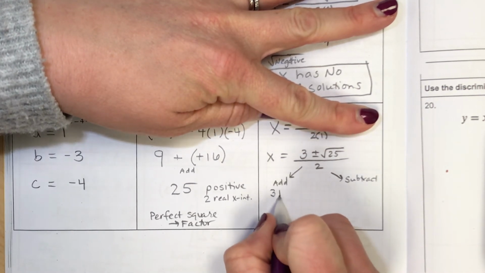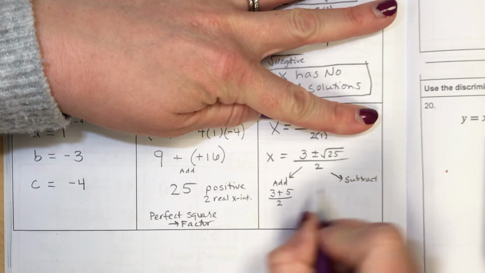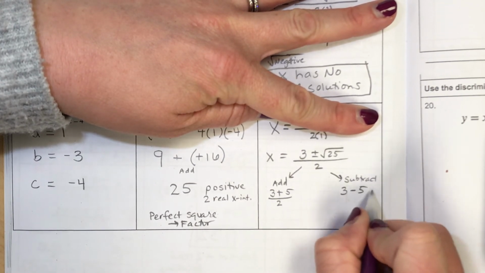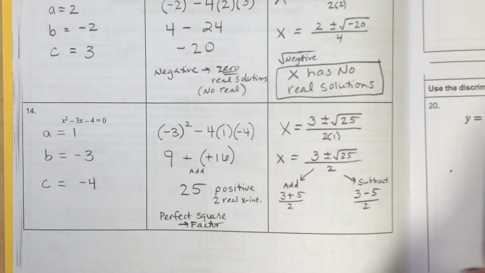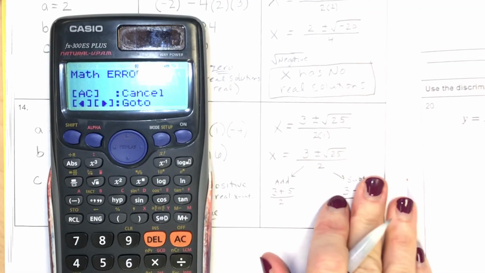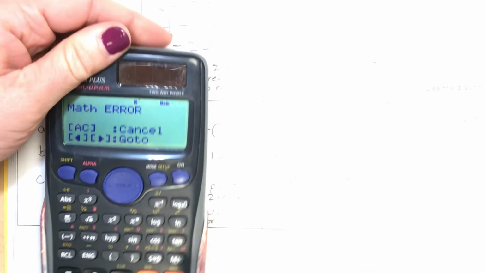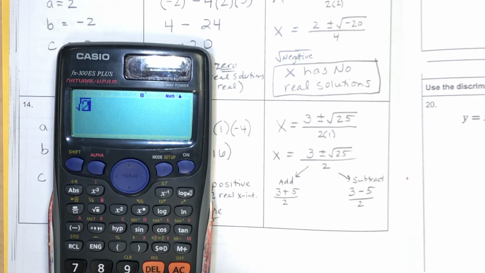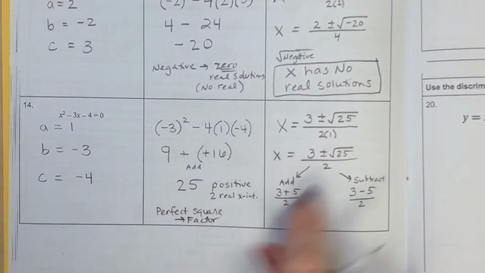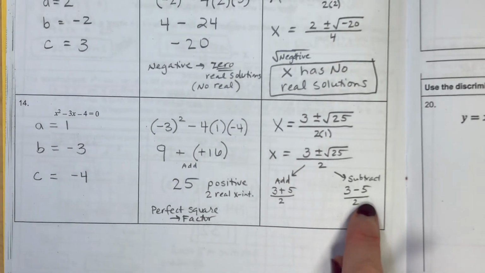So it'll be 3 plus 5 and then in half, and 3 minus 5 and then in half, because the square root of 25, I don't need my calculator for that, but it's going to be the number 5, and so here you'll see that we're going to add 5 and subtract 5.